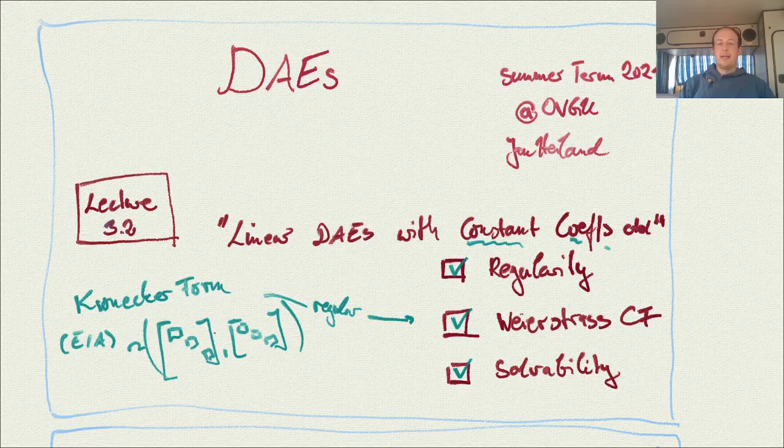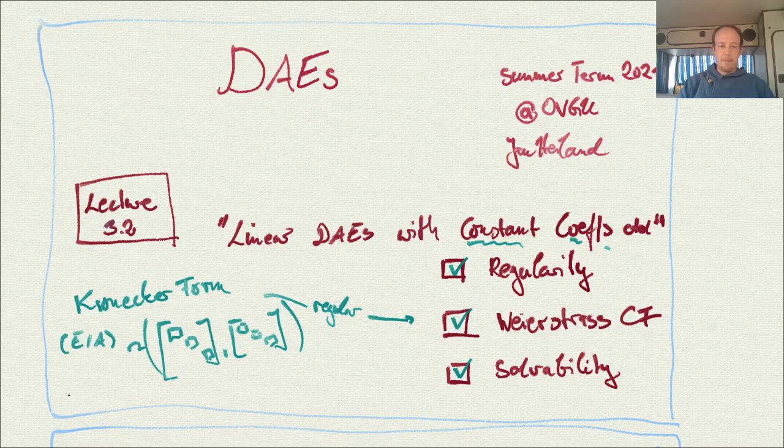And I didn't tell you how this translates to solvability, how you can read off solvability here. But today we will finish the lecture with looking at this Weierstrass canonical form, and then it becomes pretty clear how this is related. Also, we have the exercise this week, and there I would write down how this is related.